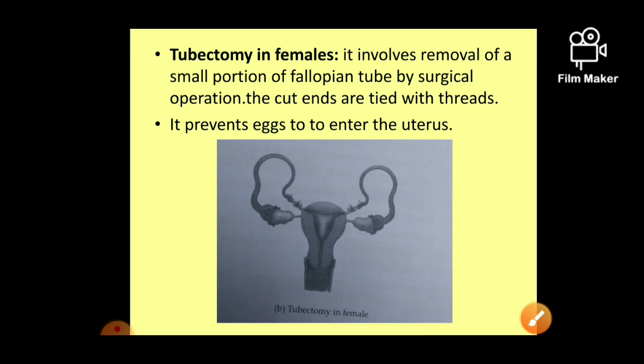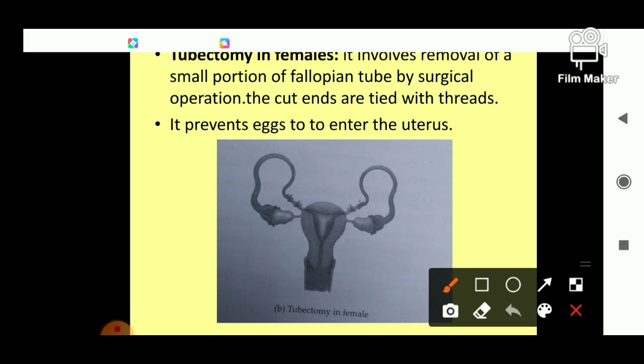This is the same process but in females. This is a surgical operation which involves removal of a small portion of the fallopian tube. This tube, you can see this tube, is also called the oviduct. By surgical operation, the cut ends are then tied with threads. It prevents the egg from entering into the uterus, right?